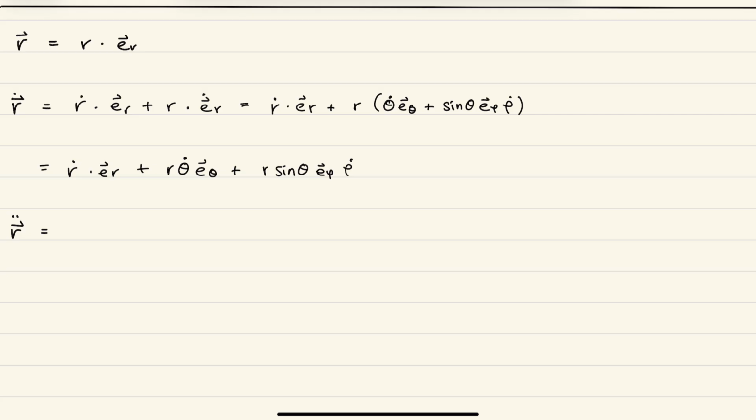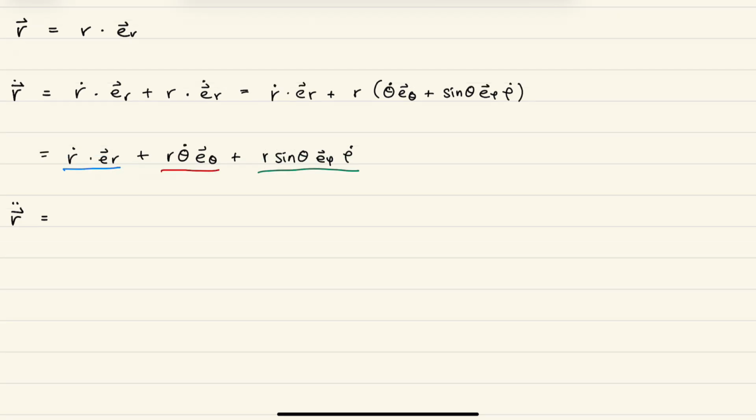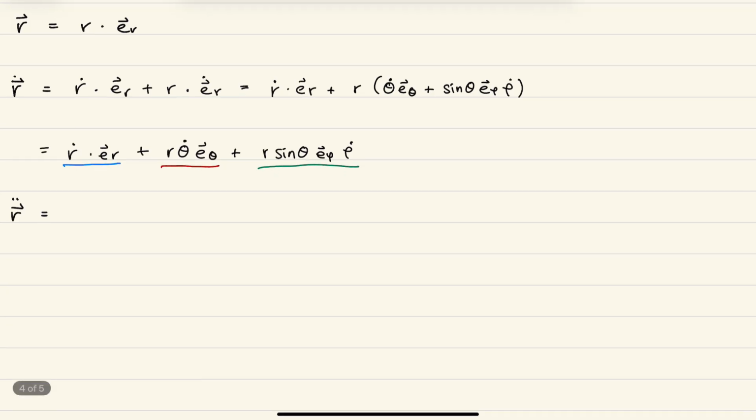And for the sake of readability, I'm going to color code this, because this is going to be long. We have a normal product rule here, we have a triple product rule here, and we have a quadruple product rule with a chain rule here. So let's get started with the blue term. We have r dot times er.